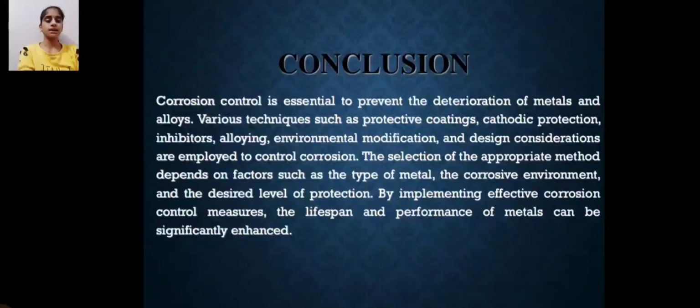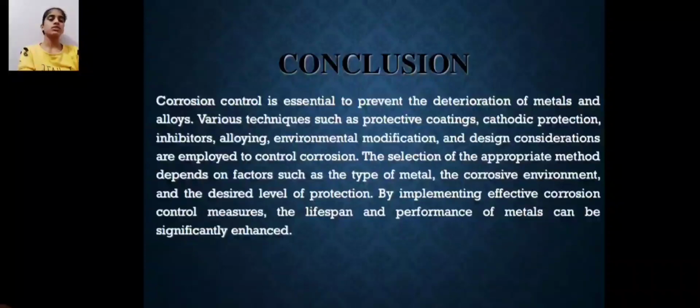Then the last part is the conclusion. Corrosion control is essential to prevent the deterioration of metals and alloys. Various techniques such as protective coatings, cathodic protection, inhibitors, alloying, environmental modification, and design considerations are employed to control corrosion.